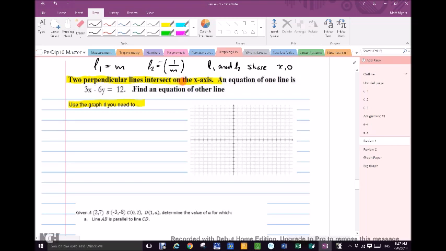Because they intersect on the x-axis, right? Is that 0, 0?